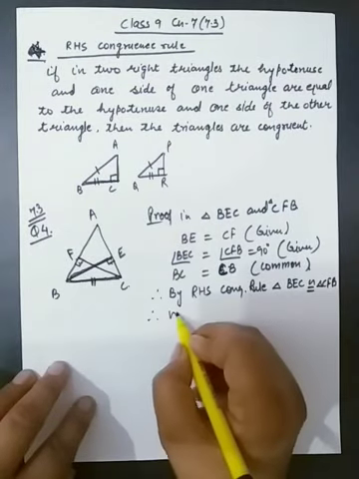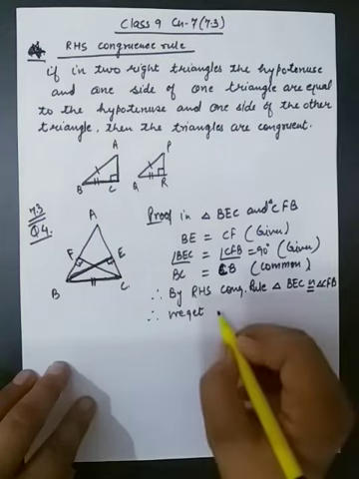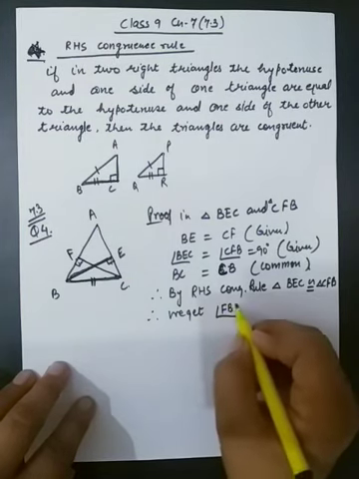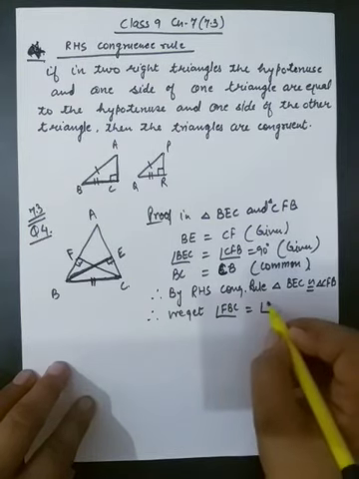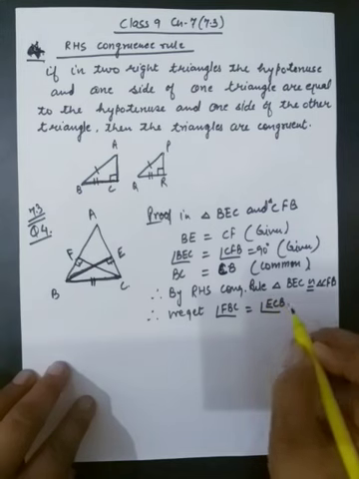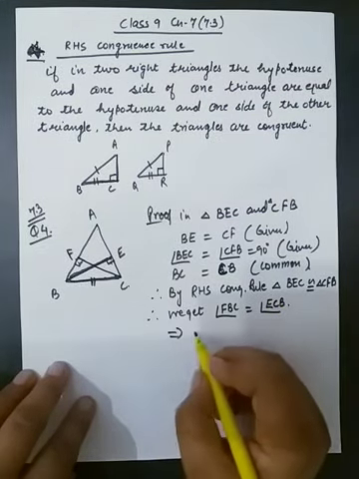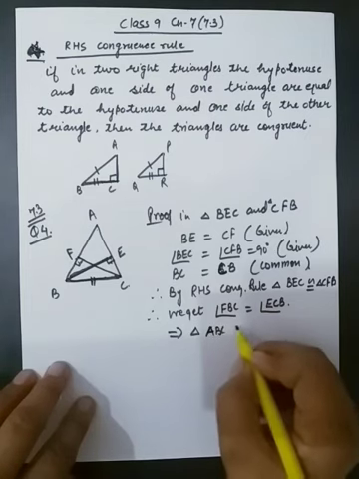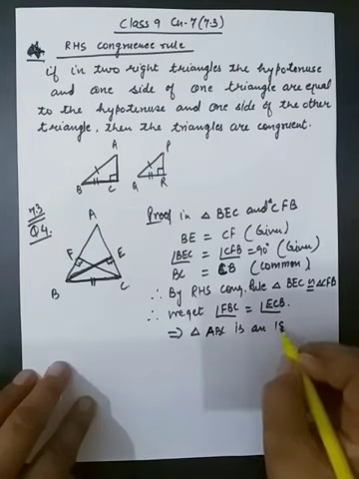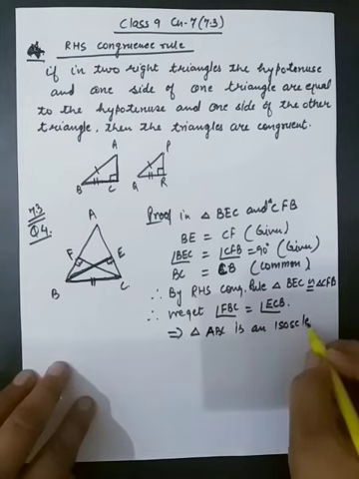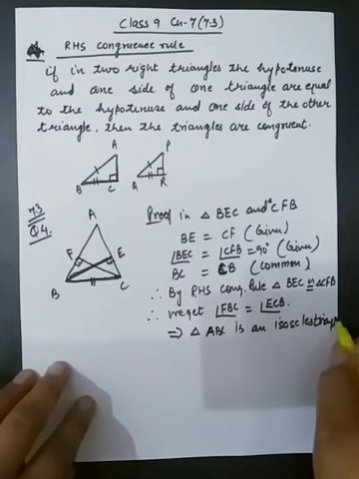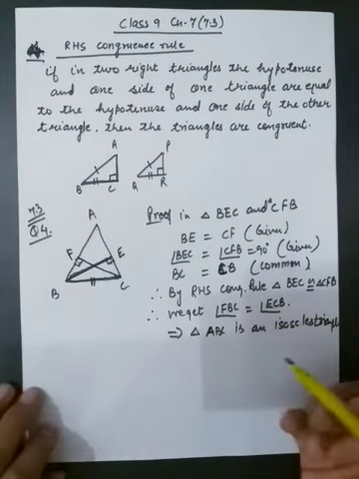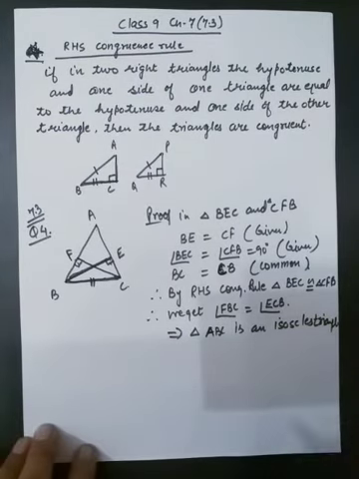Therefore we get, हमें क्या मिला, angle FBC is equal to angle ECB, and this gives triangle ABC is an isosceles triangle because its base angles are equal. Therefore, it is an isosceles triangle.